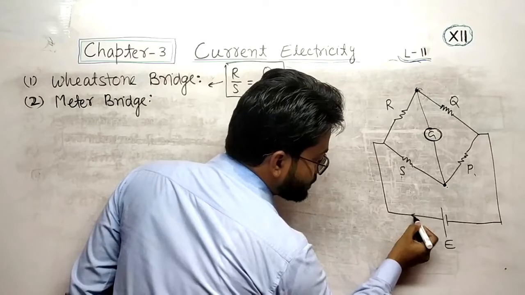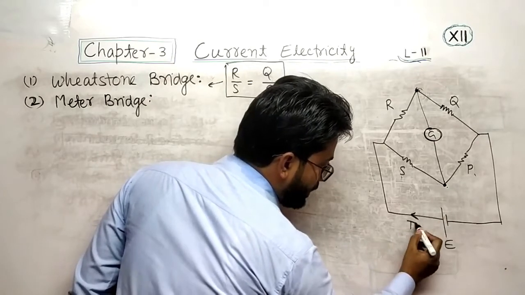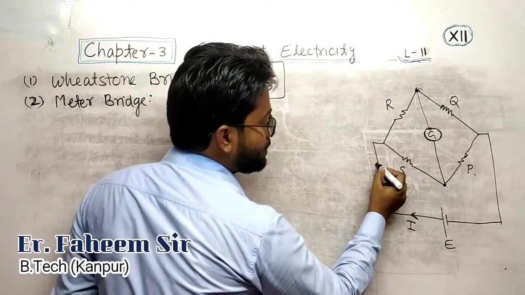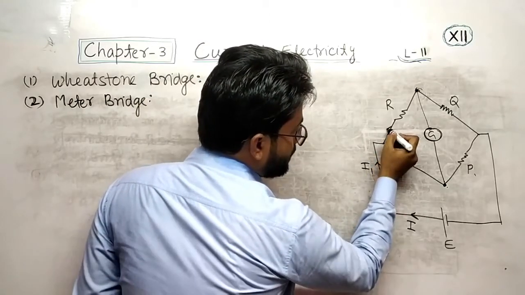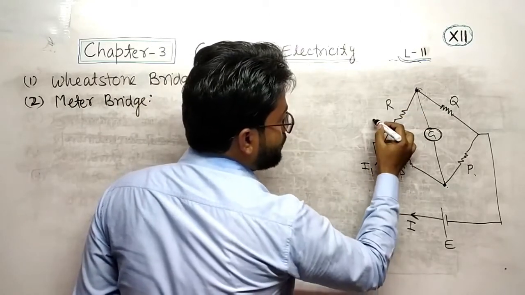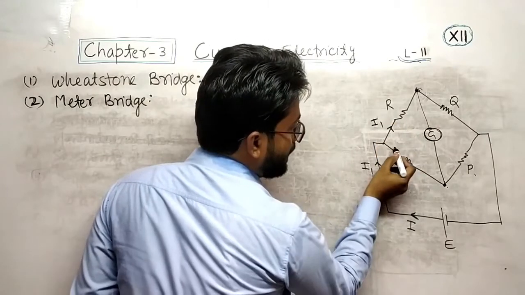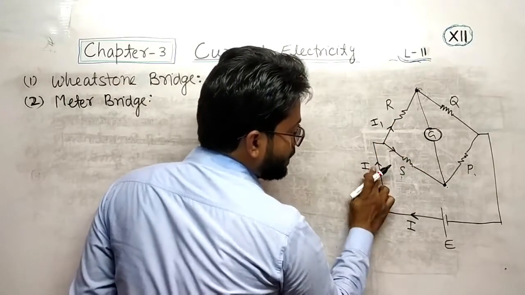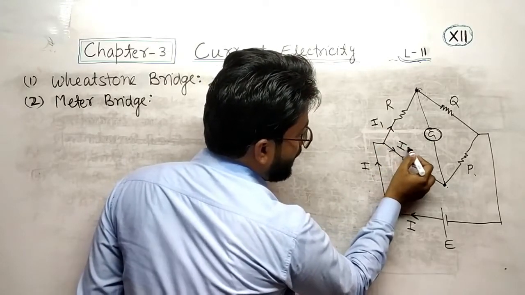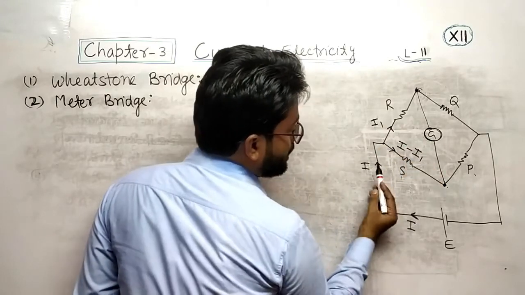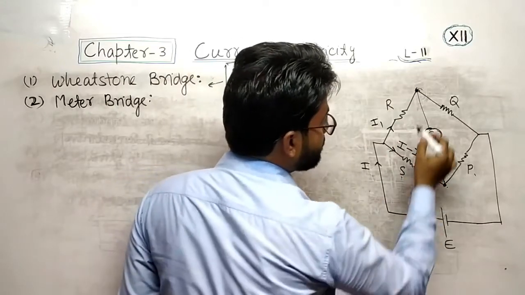If this cell is producing current I, this is the current I. Let us suppose this branch will have current I1, and this other branch will have I minus I1.